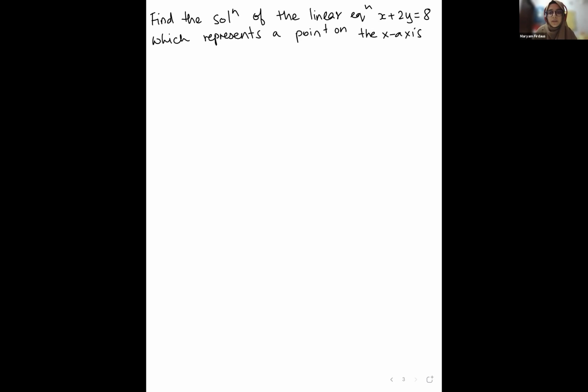Can someone explain it to me? Ma'am, we have to find the solution of the linear equation which is given. Hmm. What does this part mean? Which represents a point on the x-axis? Ma'am, the coordinates of x-axis.